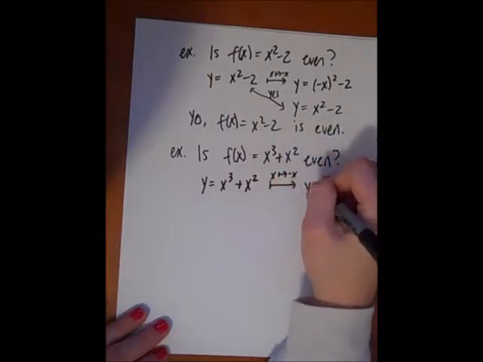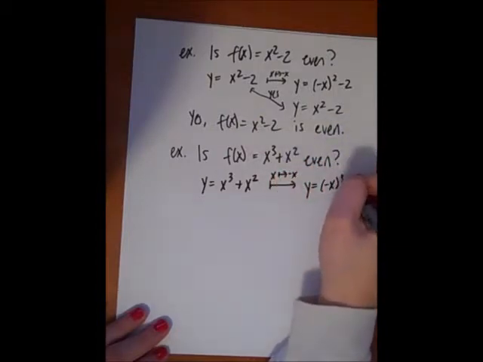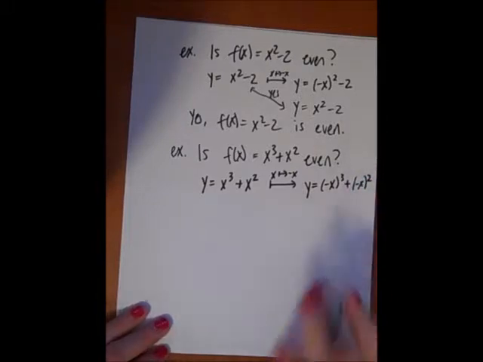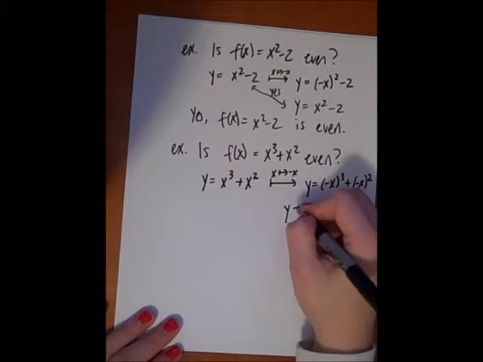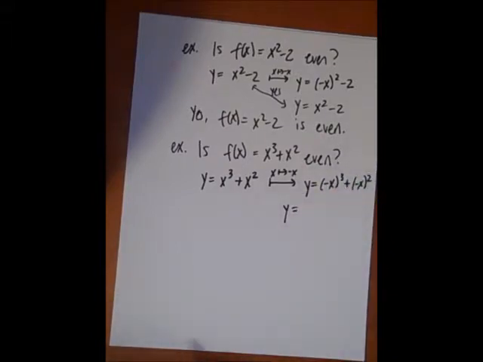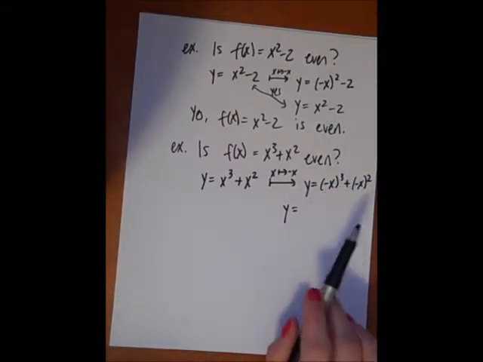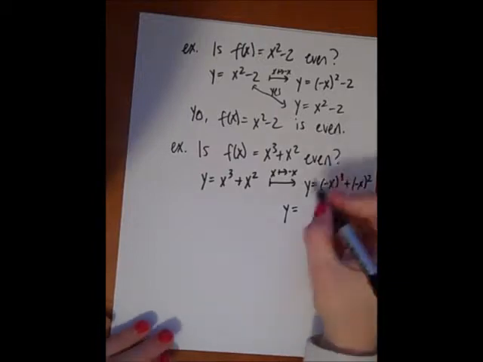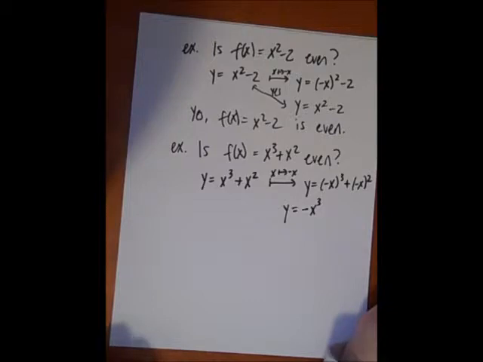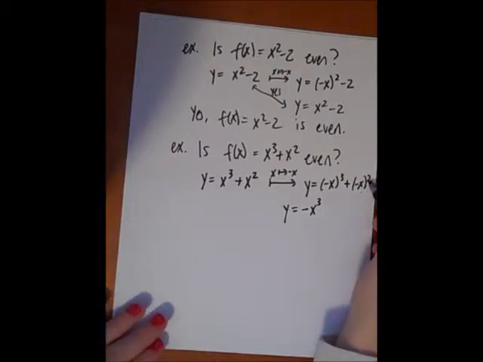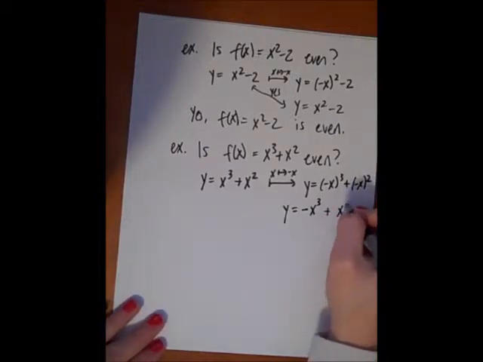So I'll get y is negative x cubed plus negative x squared. Now let's simplify. Negative x cubed, that's an odd power, so that's going to be the same as negative x cubed. Negative x squared, that's an even power, so that's just x squared.